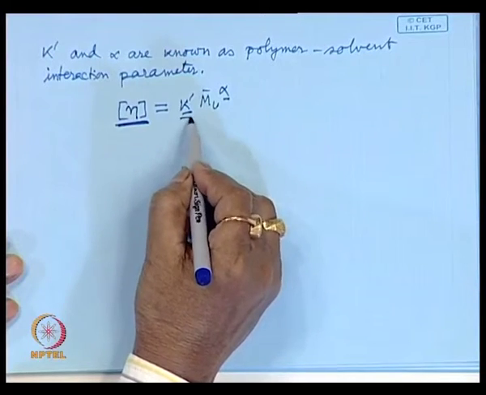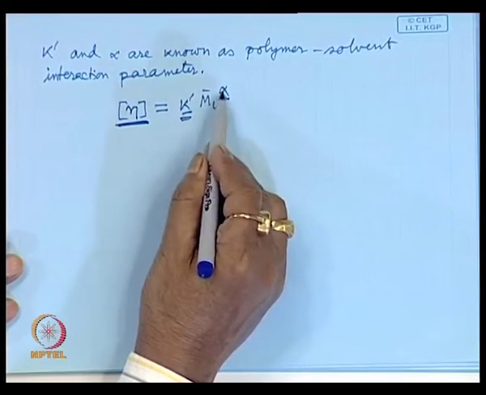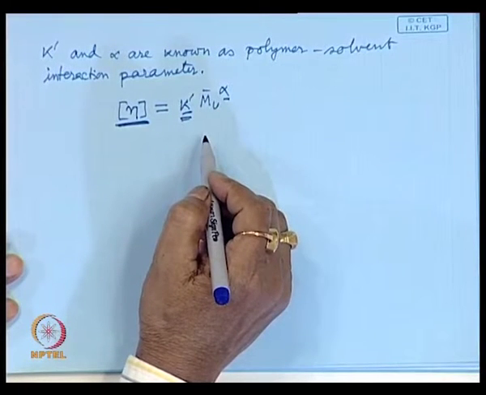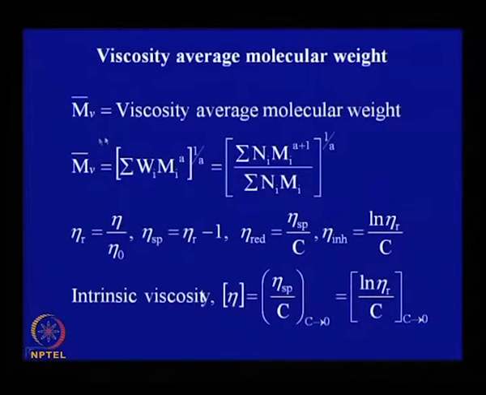So, at that temperature you have to find the values of K prime and alpha, then only you can get eta r. From eta r you can get eta specific, eta reduced, eta inherent.